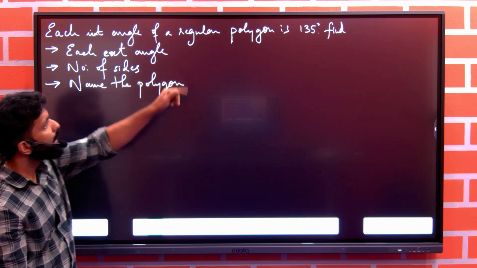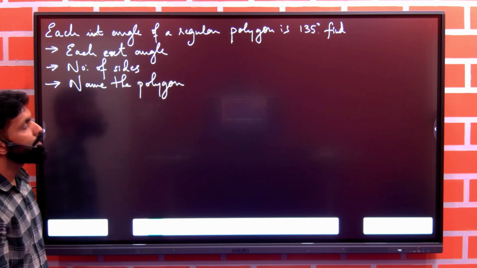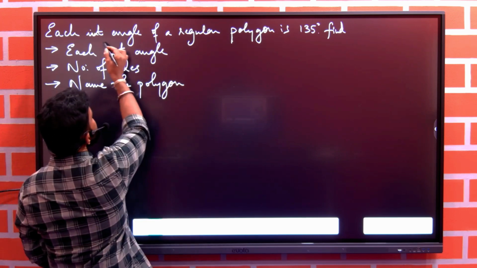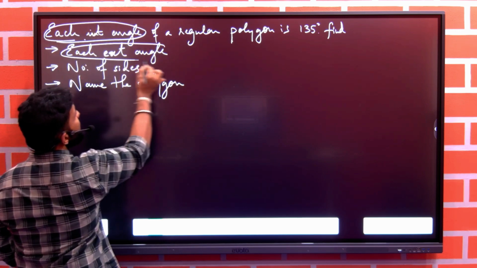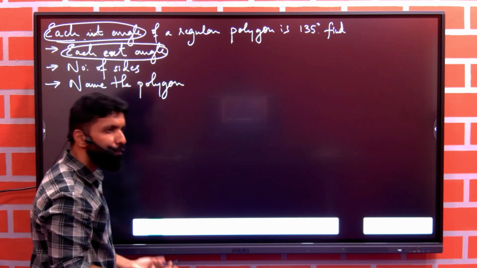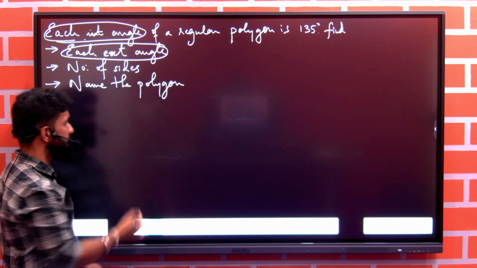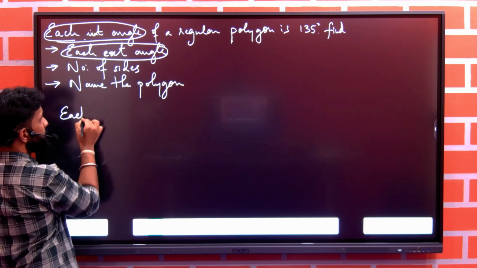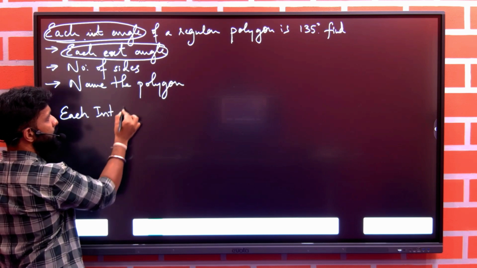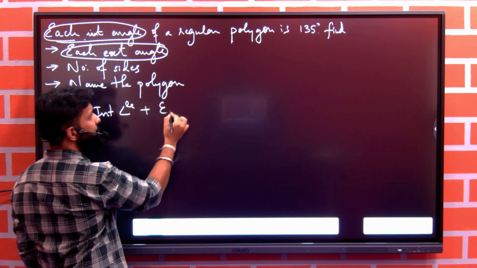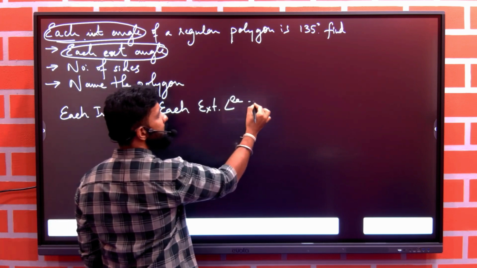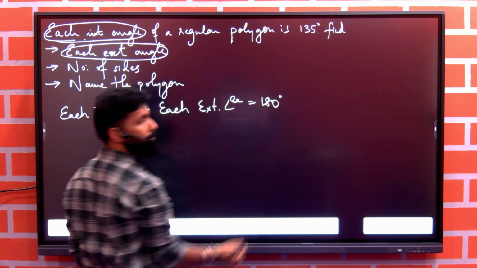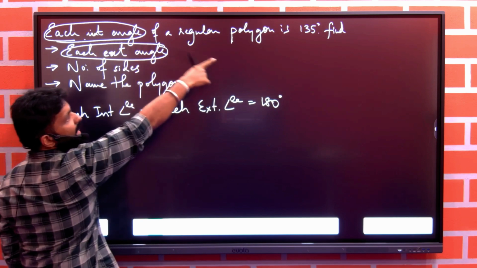Each interior angle of a regular polygon is 135 degrees. Each interior angle is given and each exterior angle is asked. So our favorite link, the easiest link. So each interior angle plus each exterior angle is equal to 180. Correct? Each interior angle is 135.